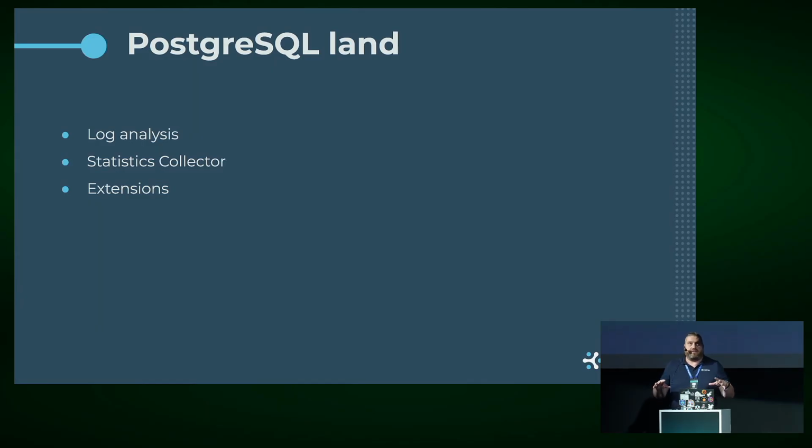And for Postgres-specific monitoring, we can split this into three parts. First of all is the log. Then we have a special facility inside Postgres called the statistics collector, and we have a lot of different extensions that might help you to see an even broader picture of what's going on.